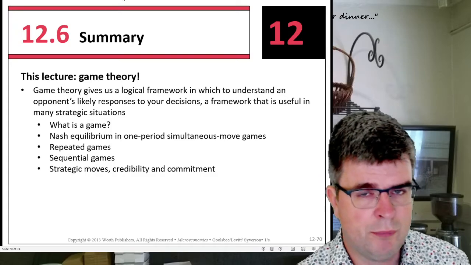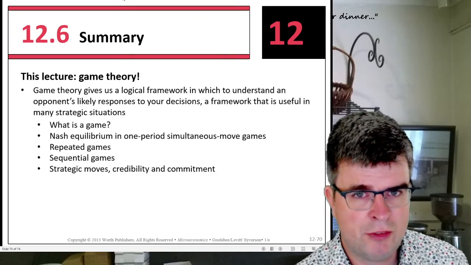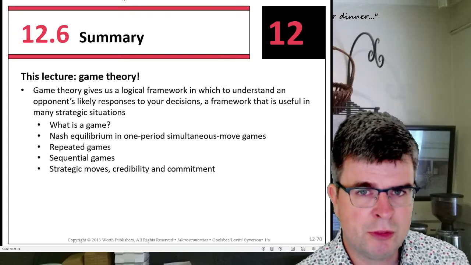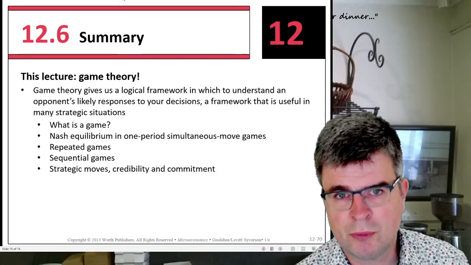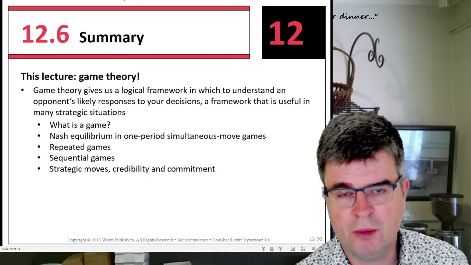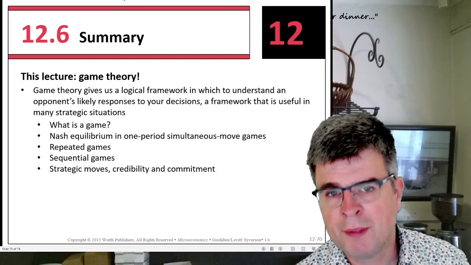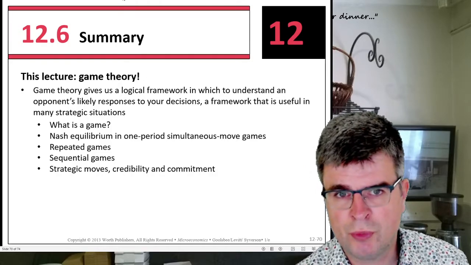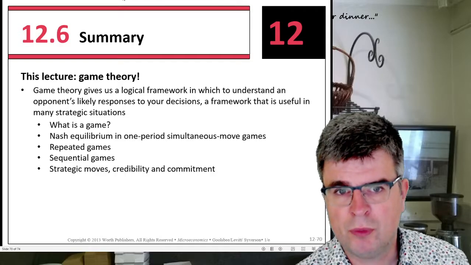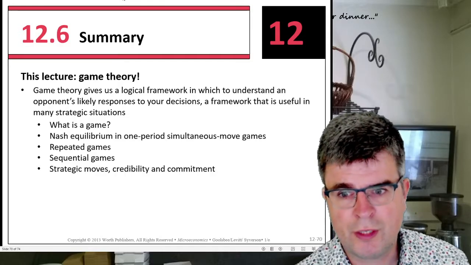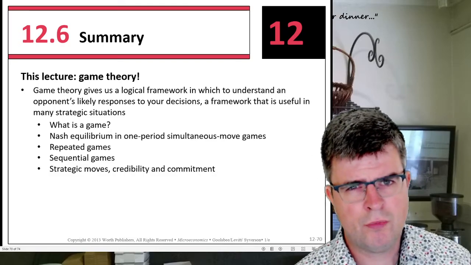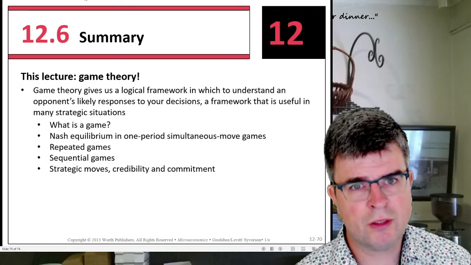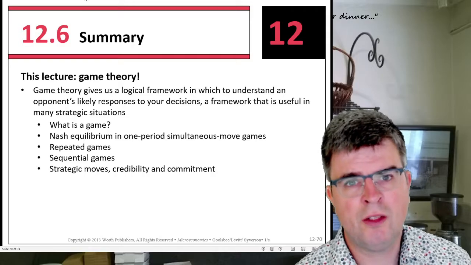And to that end, we also introduced the concept of the Nash equilibrium, and we distinguish between one-shot games, repeated games, finitely or infinitely repeated games, and we looked at sequential games and the value of moving first or being able to make a credible threat.